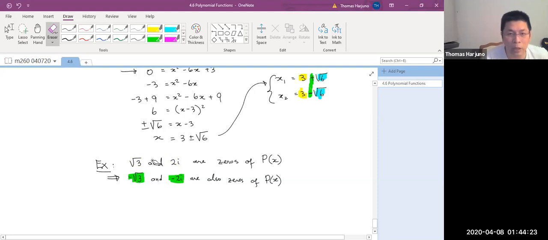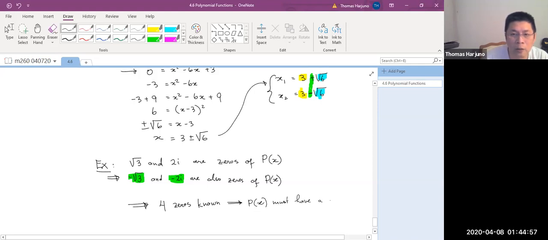But this means we now have how many zeros? We have 4 zeros. Four zeros known. There could be more zeros that we don't know, which implies P(x) must have a degree of 4 or more.